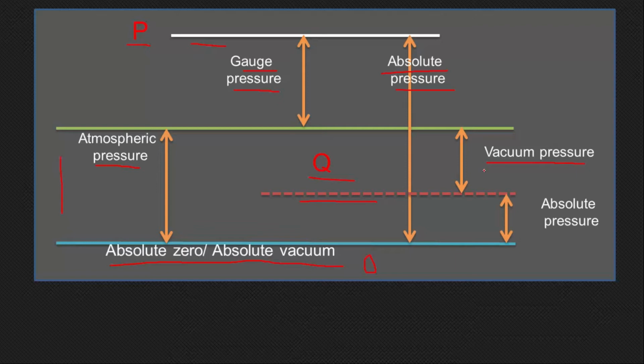So the absolute pressure in the tank will be atmospheric pressure minus vacuum pressure. That is, the absolute pressure in the tank will be 760 mm of Hg minus 260 mm of Hg, which is 500 mm of Hg. So this is how the measurement of pressure is done.